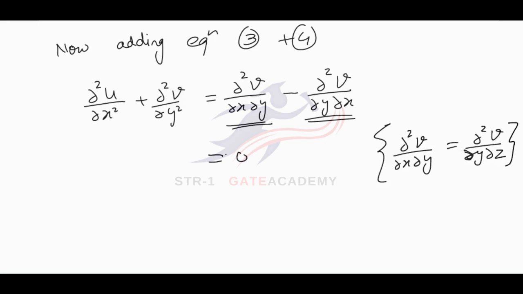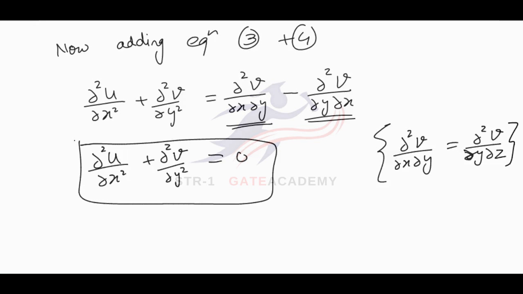So this part will become 0. So del square u upon del x square plus del square v upon del y square will be equal to 0. You can also call it del square of u is equal to 0. This is called the Laplacian equation.